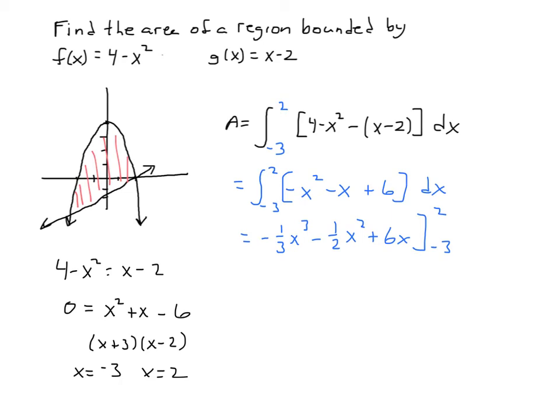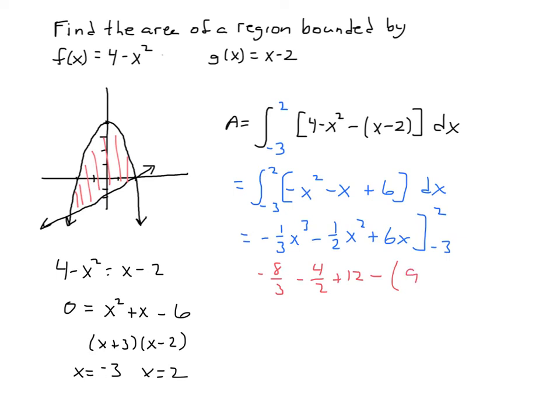So to do this, I will now go through and evaluate it using the fundamental theorem of calculus. When I put 2 in, I'm going to get negative 8 over 3 minus 4 over 2 plus 12. And I'll be subtracting, when I plug negative 3 in, I'm going to get a positive 9.